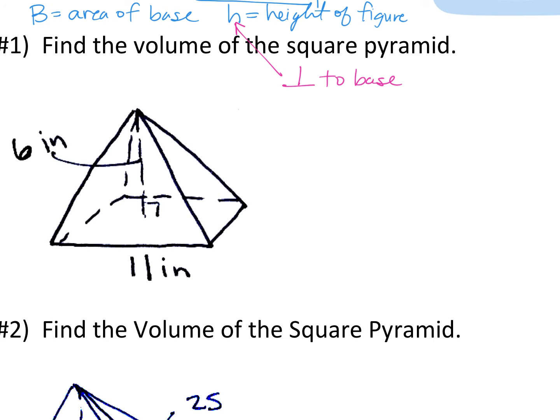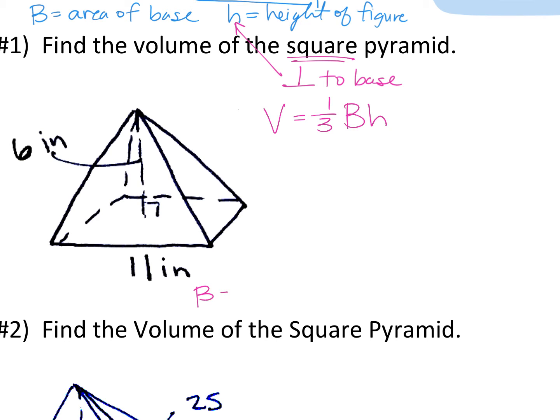And we're going to find some volume here. So volume of a pyramid, if we are doing volume equals 1/3 times B times H, can anyone tell me right now? It says it's a square pyramid. What is B? 11 times 11, right?